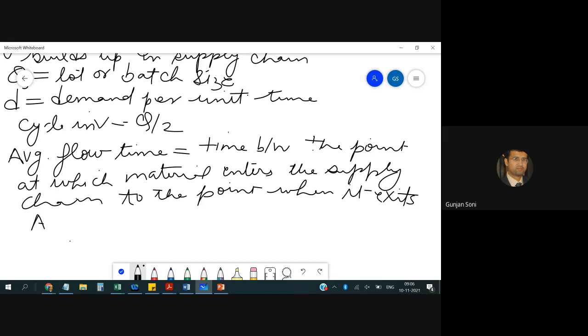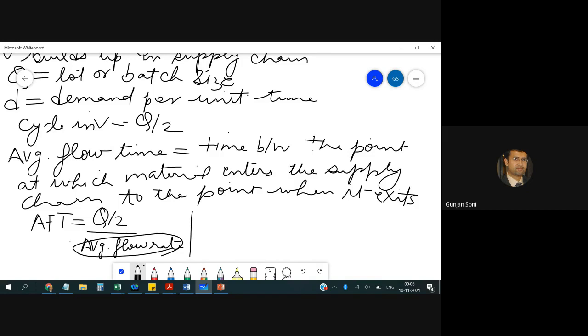So average flow time can be expressed through average inventory. Average inventory is Q by 2, and average flow rate. Flow rate is nothing but the demand per unit time.